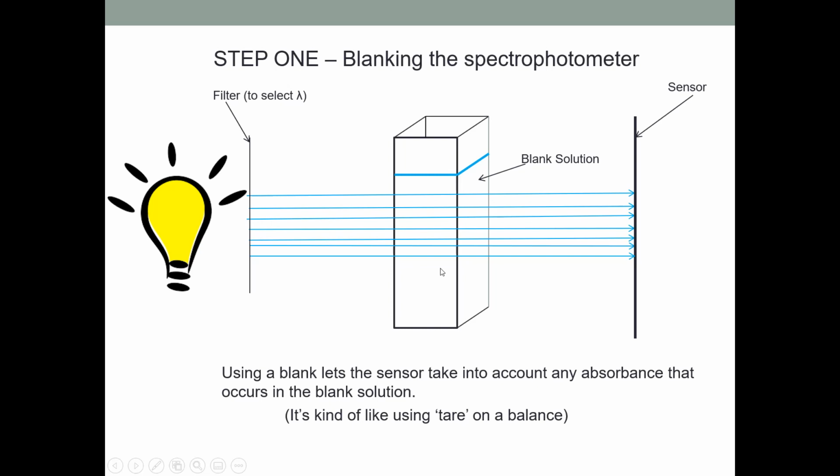To use the balance analogy, before you weigh your sodium chloride, you put your weigh boat on the balance. It settles out, let's say it's half a gram, then you hit tare, and now the balance says 0, and now everything you're weighing is just the sodium chloride. You want everything that's going to be in your experimental solution to be in your blank solution, except for that one substance that you want to measure the absorbance of. So let's dissolve something in the solution.